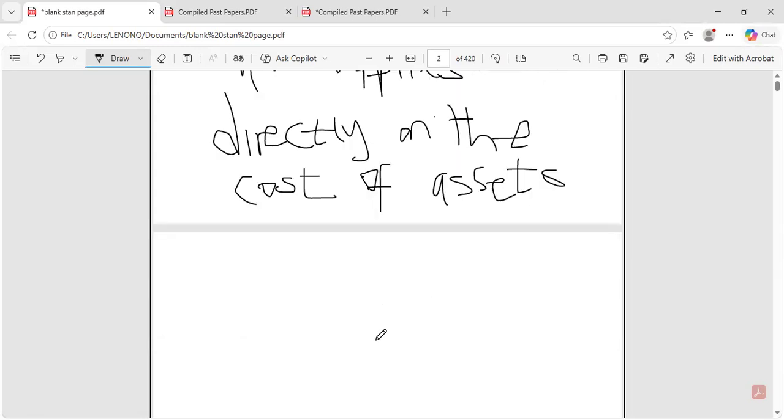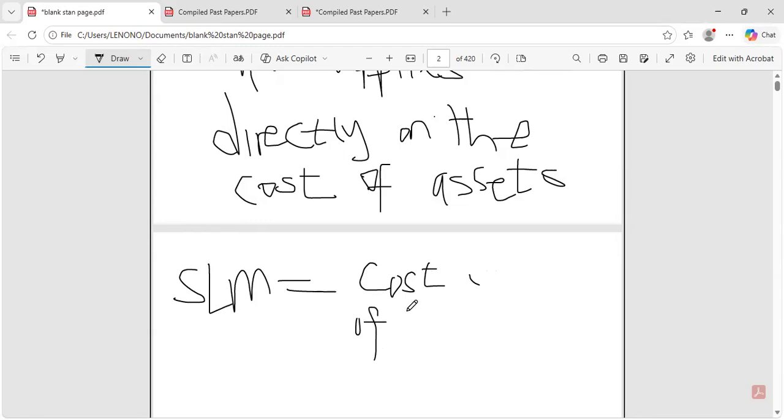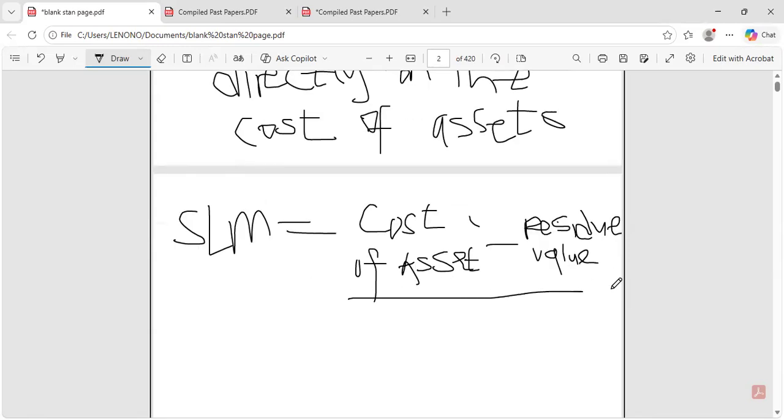So the straight line method of depreciation is equal to the cost of asset minus residual value, over the number of years.